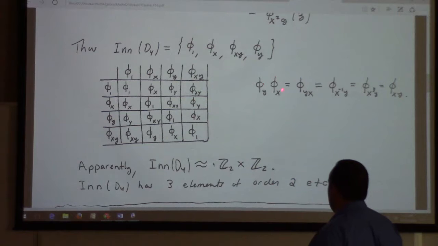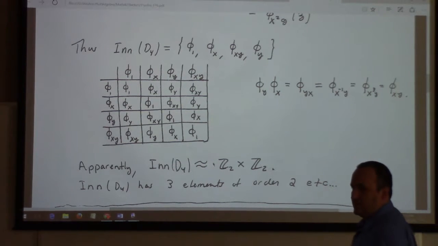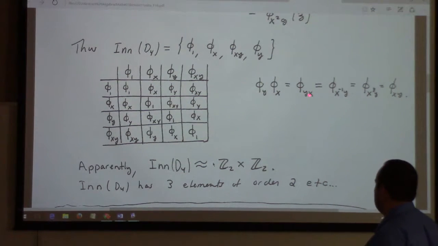Because this is the formula we proved in the previous problem: the composition of the conjugating maps is the conjugating map of the product of the things that are conjugating. That's how I found these products.